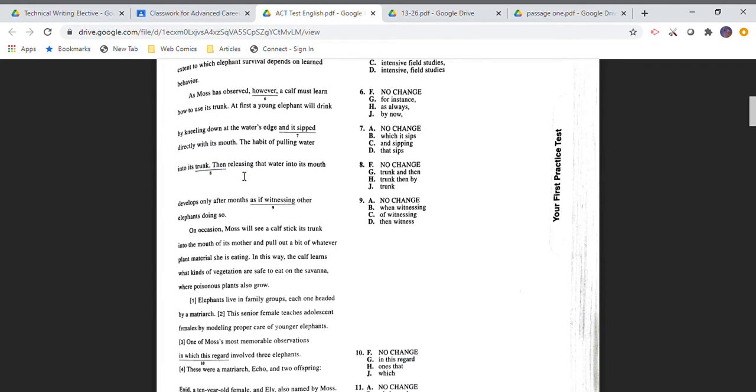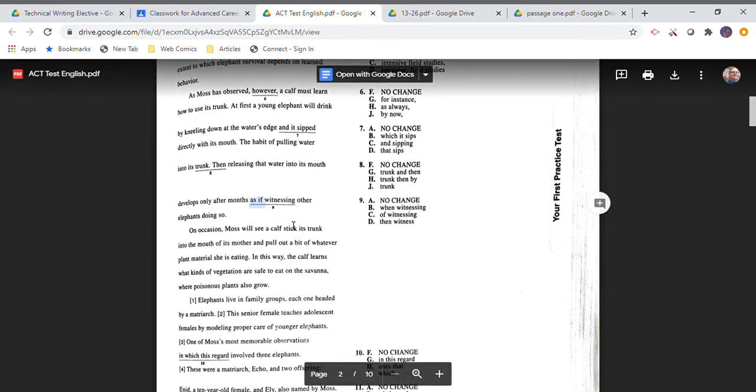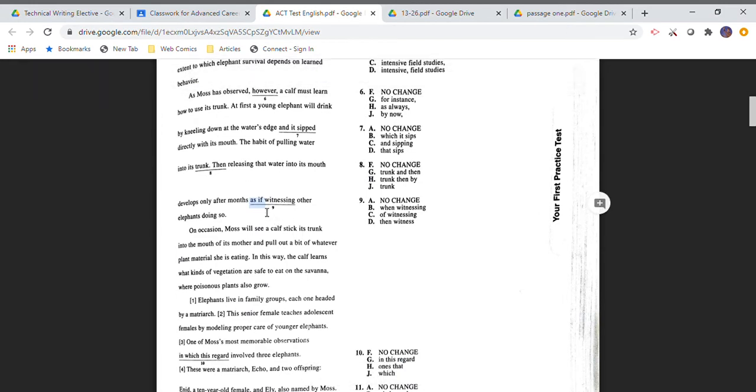Okay, and then releasing the water into its mouth develops only after months of witnessing other elephants doing so. As if witnessing would require a whole different sentence built around it. "As if" is like a comparative thing, right?